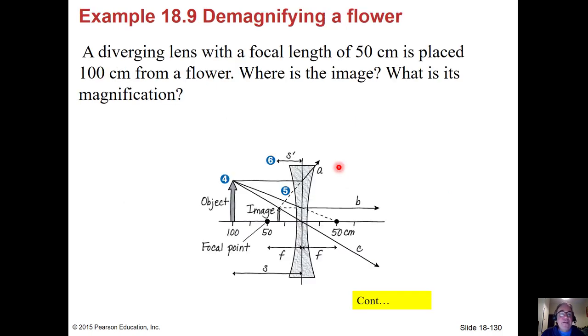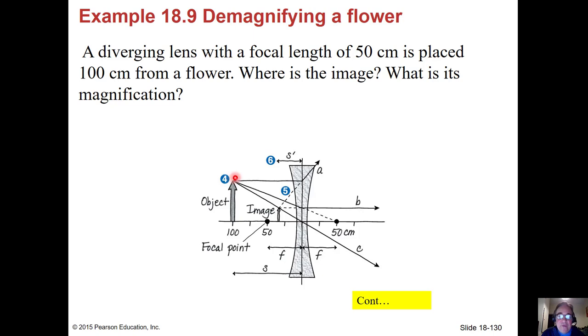Okay, here's another example problem. A diverging lens with a focal length of 50 centimeters is placed 100 centimeters from a flower. Where is the image formed? What is the magnification? Okay, so here's the object. We could use ray tracing. The ray that comes in parallel is going to spread out, but when you trace it back, it goes here.